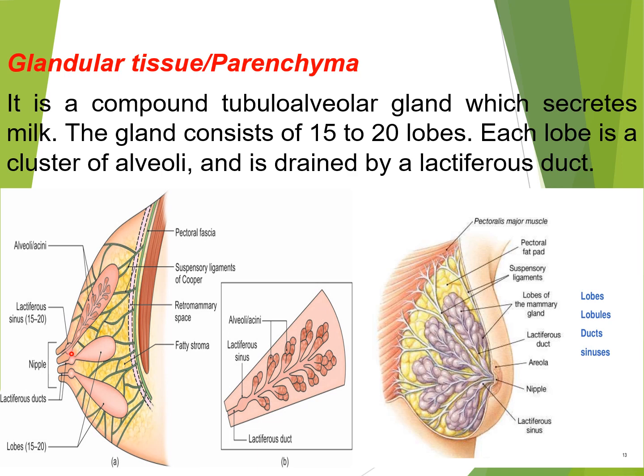So the lobes are arranged in a radiating manner, and they converge towards the areola, where each duct dilates to form the lactiferous sinus. We can make out here, these are the lactiferous sinuses.